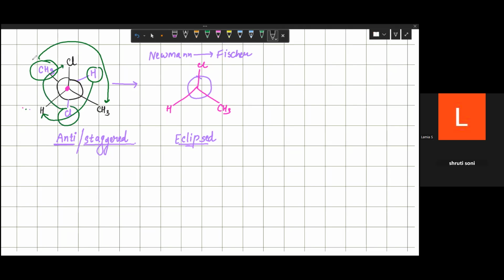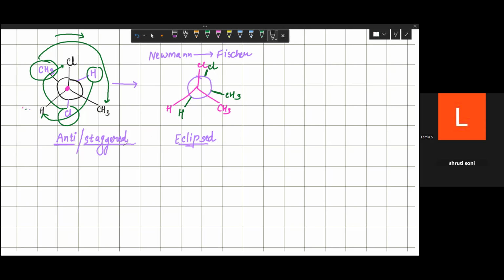So I just need a clockwise rotation in the eclipsed form. I need to generate a structure that is in eclipsed form. Do you understand that? Let's suppose there are two carbon atoms attached to each other in a single bond.